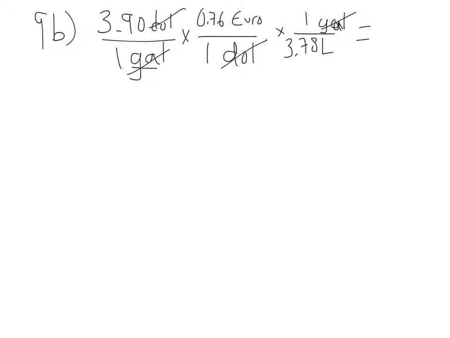Now I just need to multiply across. 3.90 times 0.76 is 29.54. 29.54 all over 3.78.